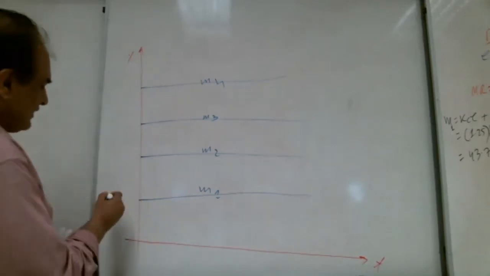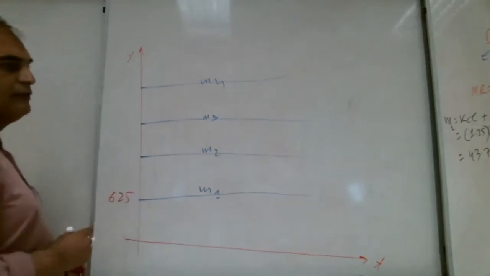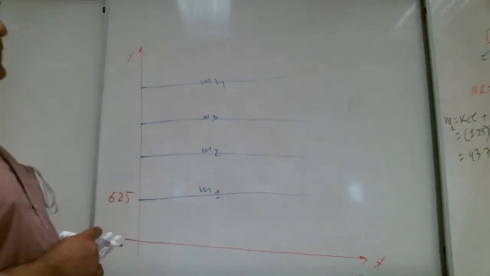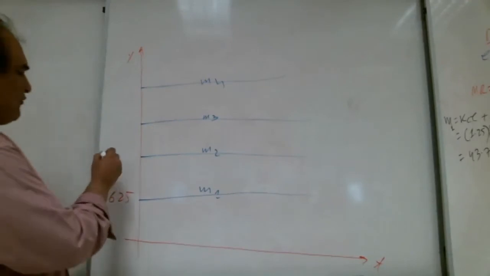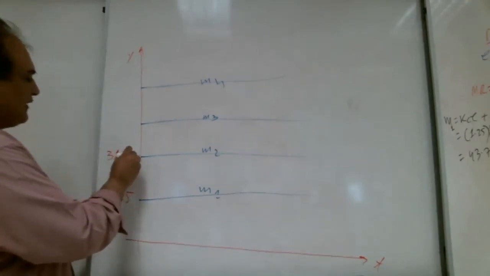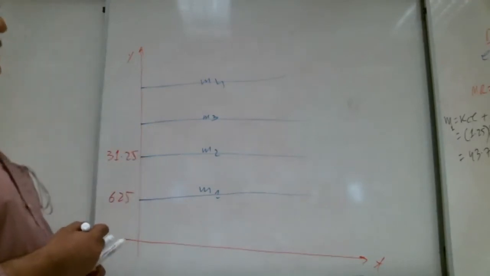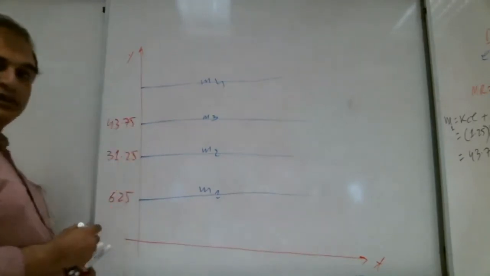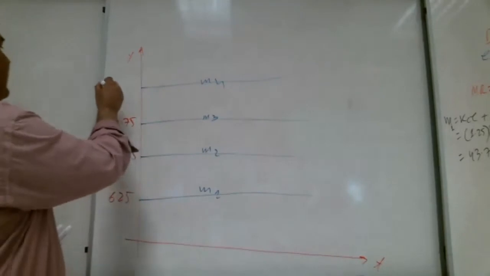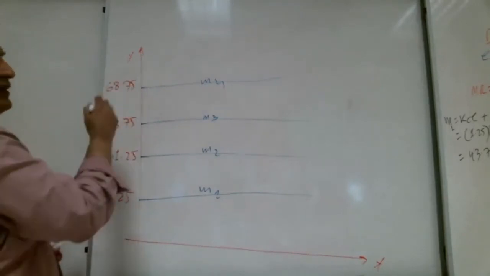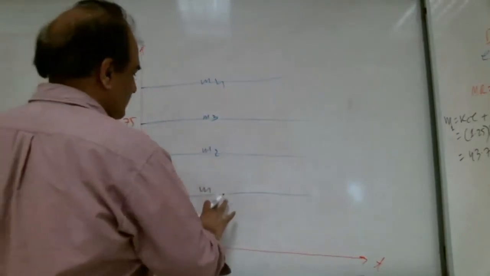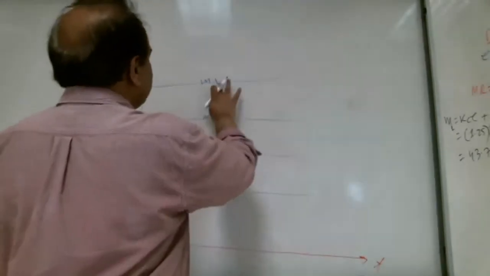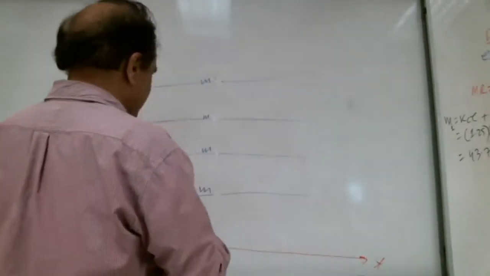The smallest one is 6.25%, right? Then the bigger one, 31.25%. Then the bigger one, 43.75%. And then the bigger one, 68.75%. Now, this is not M1, M2, M3, M4 in this order; we need to change them.